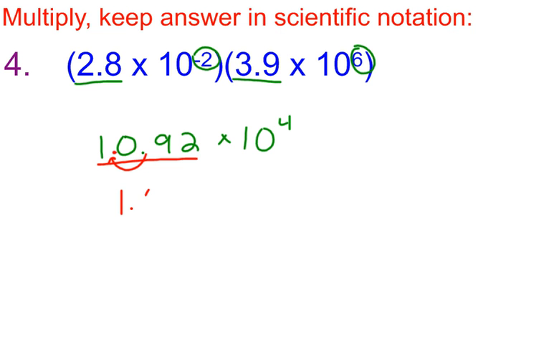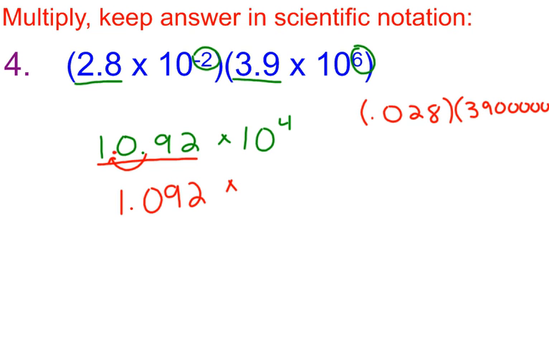So I would have 1.092, and then I moved it one more place to the left there. So I'm going to have one extra digit there when I add it. So think if we multiplied these out, let's think of this number, 0.028 is that first number, and the second number is 3, 9, and 5 zeros. So 3.9 million.